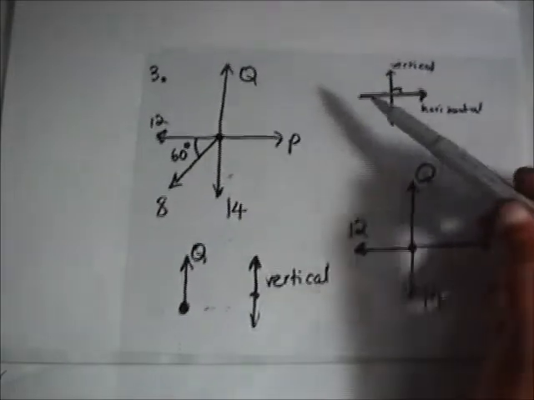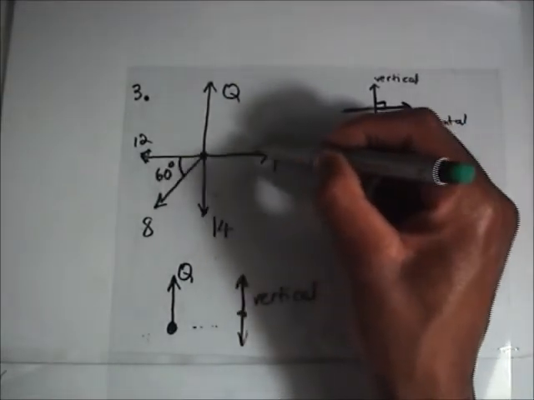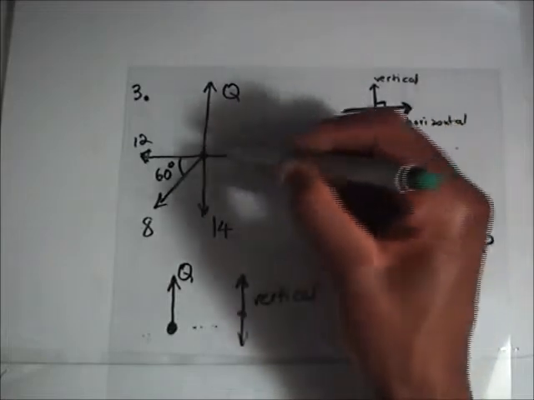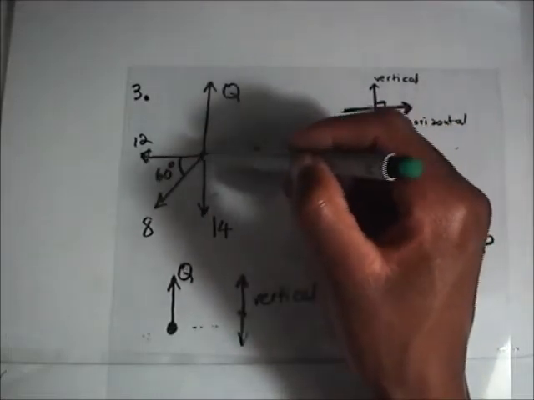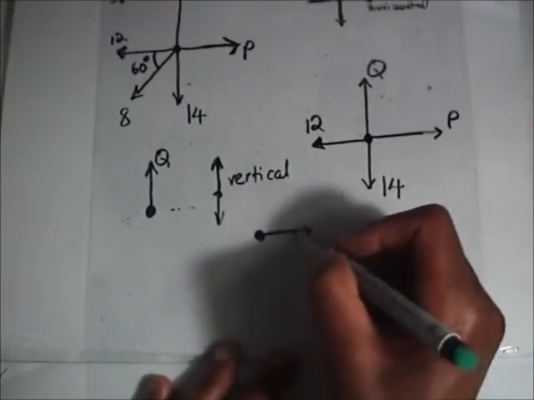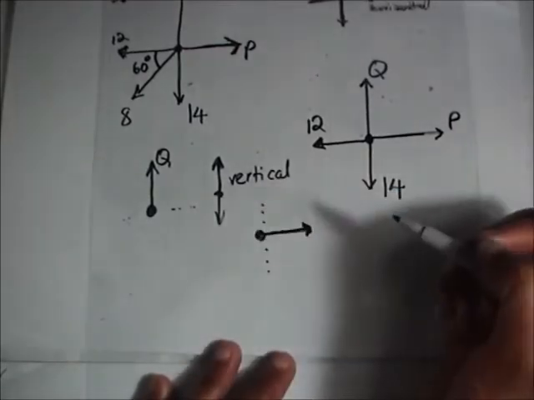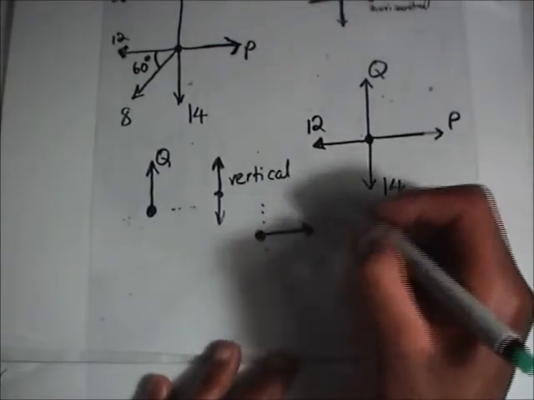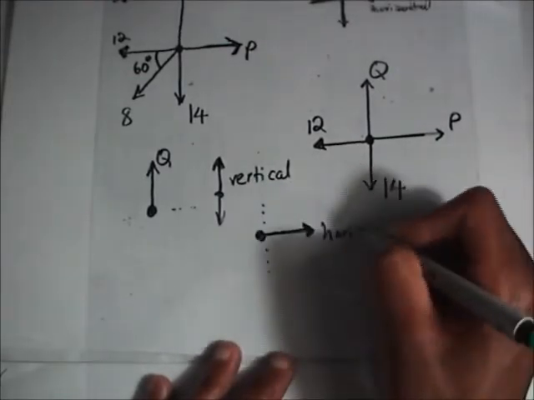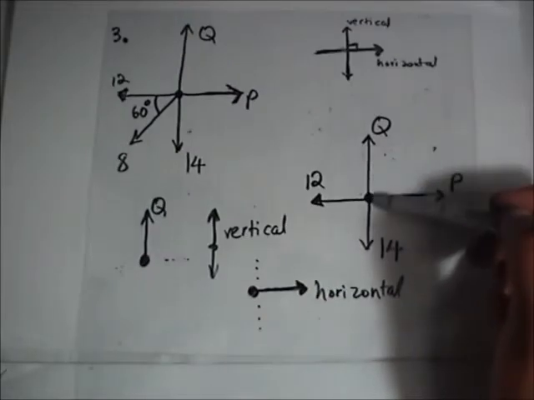Force P is 100% lying along the horizontal direction. It's a horizontal force, so it has no effect in the vertical direction. If P was the only force, this object would have moved to the right and not anywhere up or down, because this force is horizontal. That's why I put these forces like this.